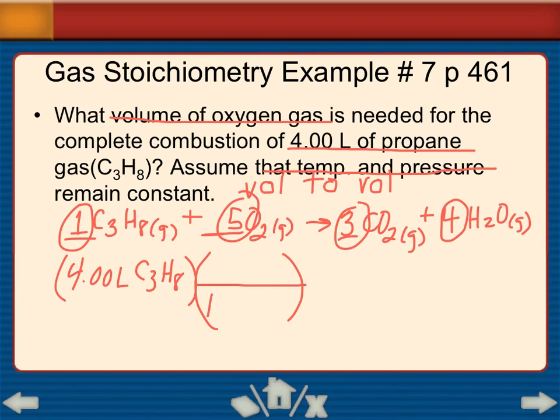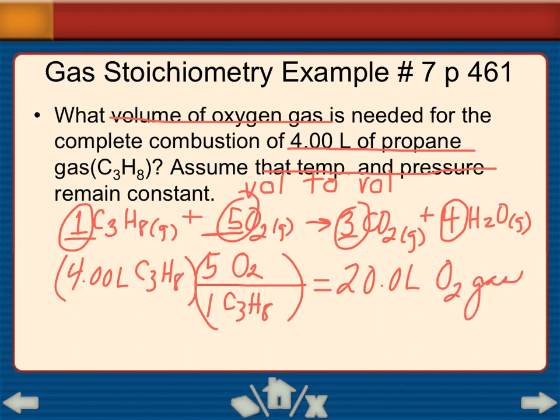We know that 1 volume of C3H8, or liters of that, would require 5 times the volume of oxygen gas, or 4 times 5 is 20 liters of O2 gas. And again, this is a combustion reaction, and with combustion reactions, remember that if you're using a hydrocarbon and oxygen gas, you will always produce as products carbon dioxide and water.